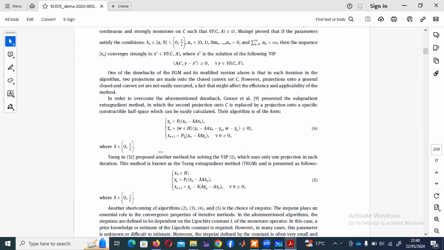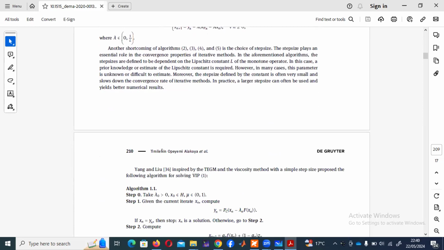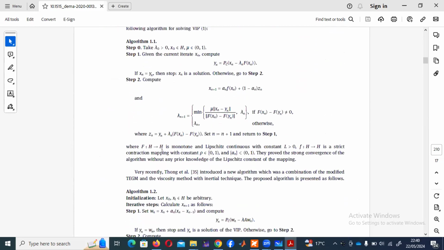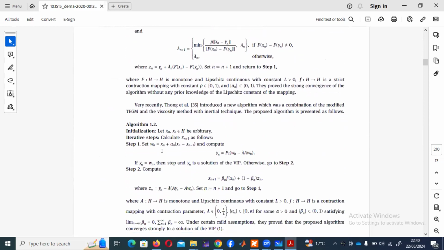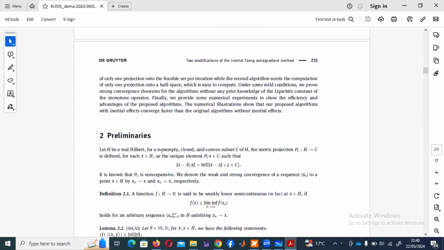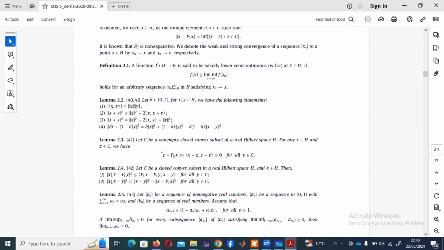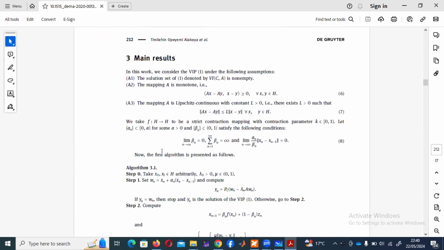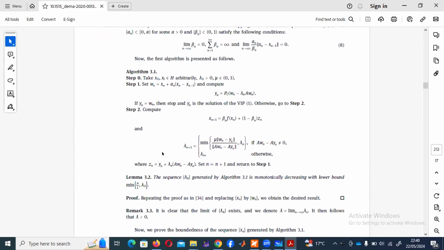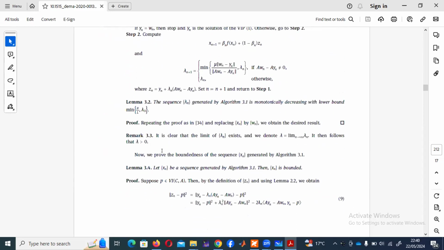Then in section 2, it's just some background work. Then section 3 is the main result, which is algorithm 3.1, and lemma 3.4 is used to establish the boundedness of the sequence Xn.